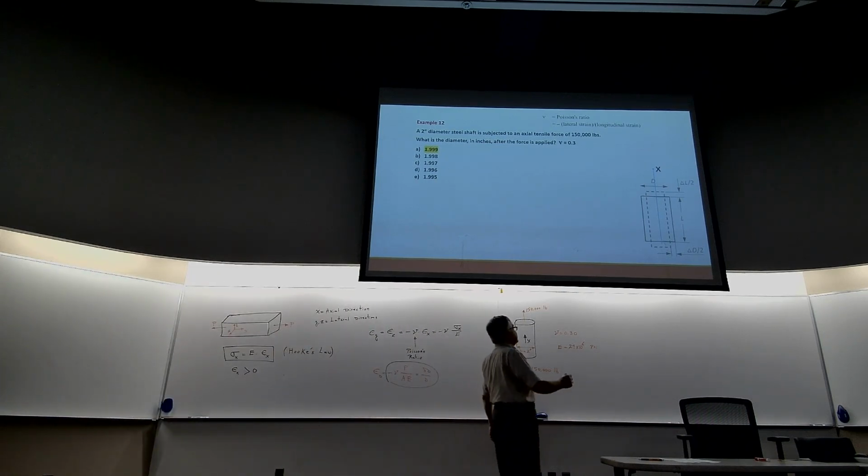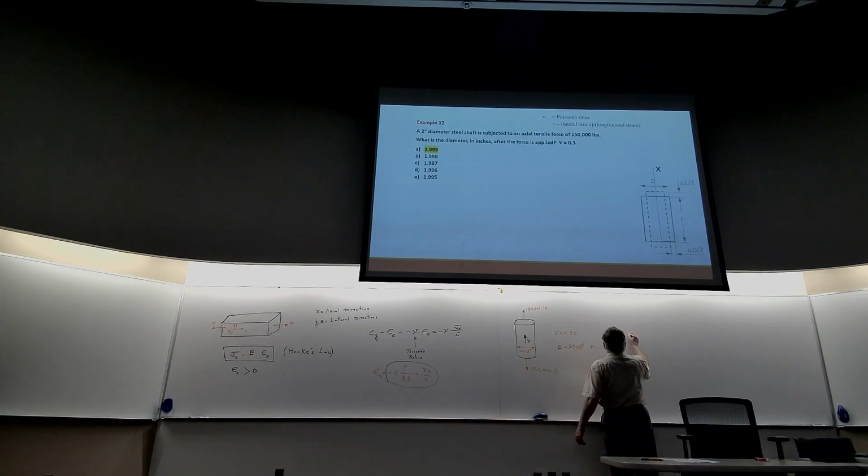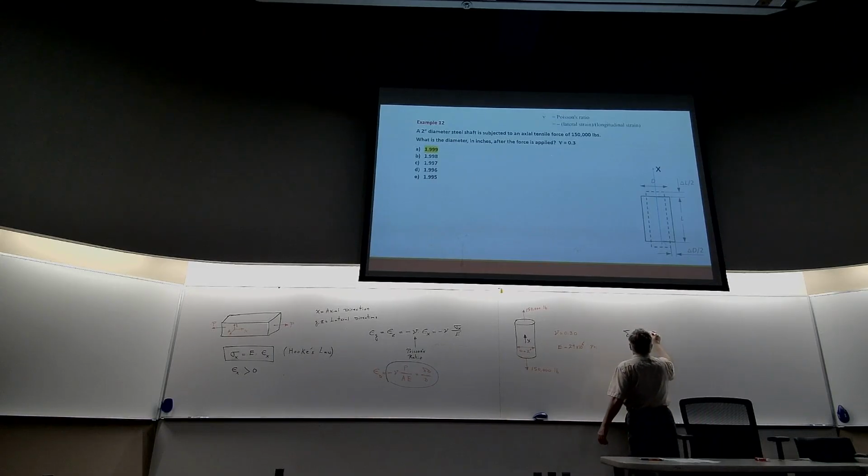So we will have delta D is equal to minus nu P D divided by A E.